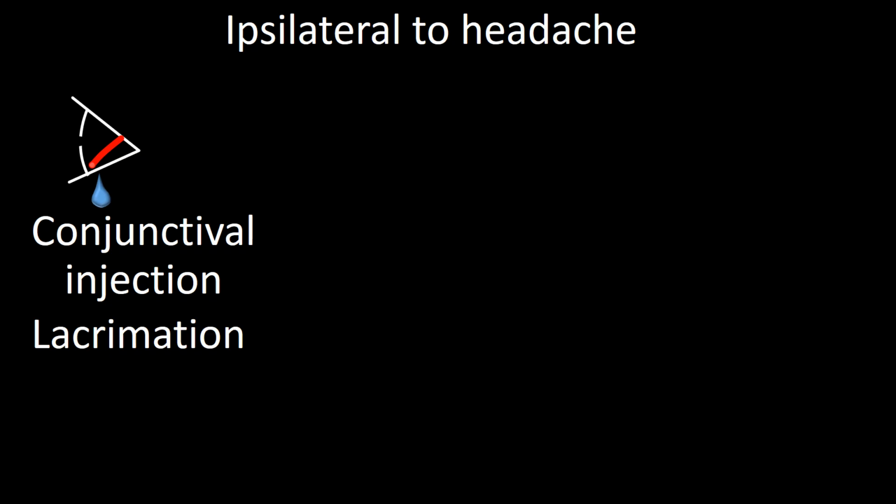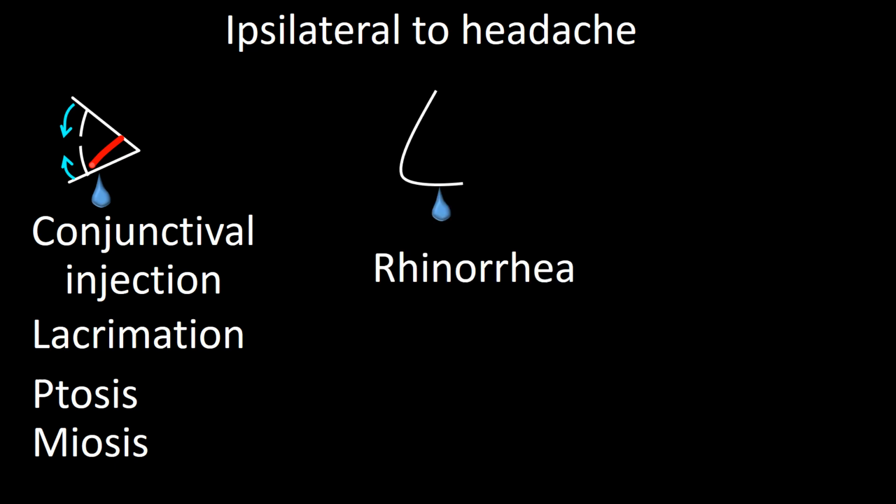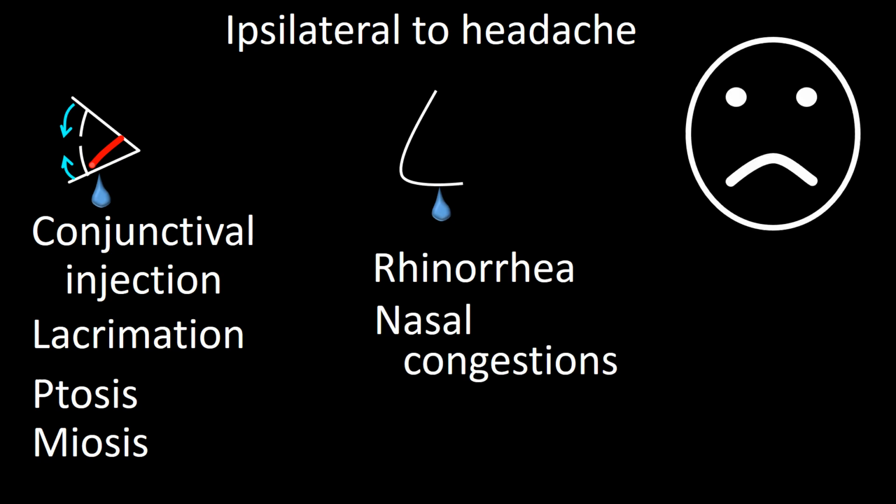Due to parasympathetic hyperactivity, conjunctival hyperemia and lacrimation; due to oculosympathetic paresis, ptosis of the upper and lower eyelid and miosis. In the nose, rhinorrhea and nasal congestion, and in the face, hemifacial sweating due to parasympathetic excitation.